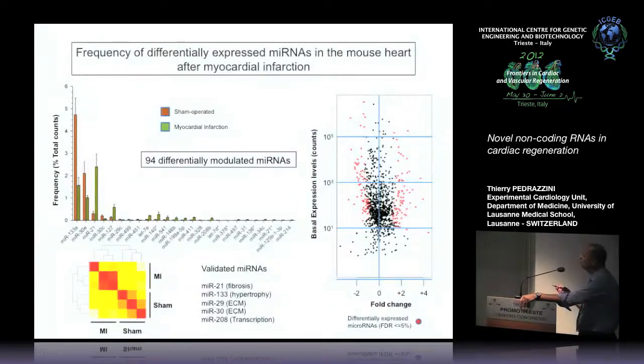Another interesting point is that the most frequent RNAs, the ones that are easily detected, the high expressors, are not the most frequent ones among the modulated, because there are obviously a lot of modulated microRNA that are expressed at low levels. Maybe they are expressed in specific subtypes in the heart. So it will be a challenge to find which subtype they are expressed in.